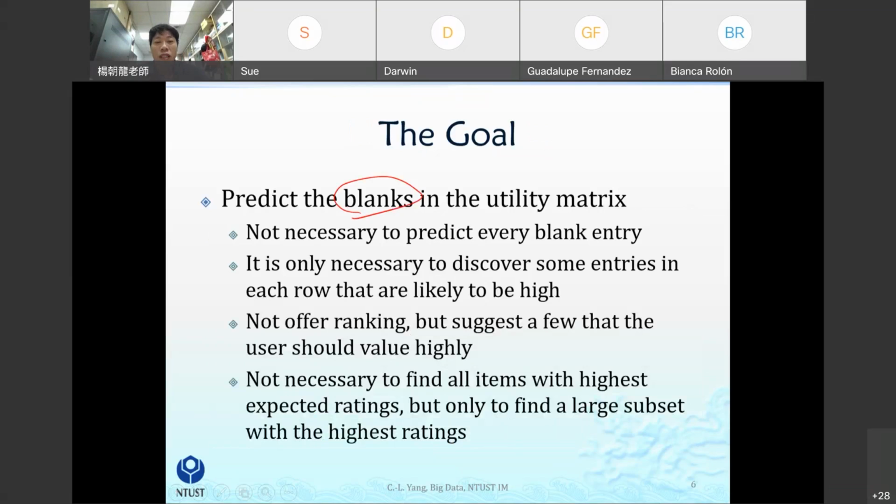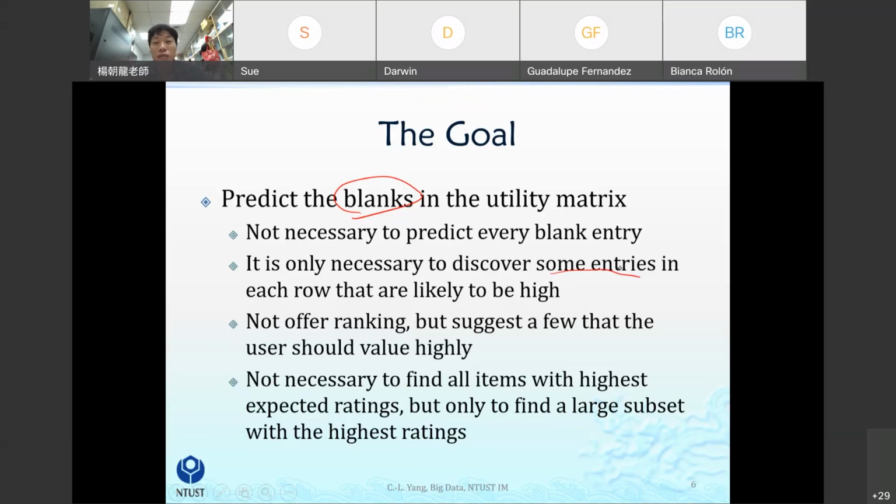the entries. But here's the thing: do I need to predict all the empty spots on the utility matrix for all of the items? Probably not, because it's only necessary to discover some items, especially items that we think will be rated very high.